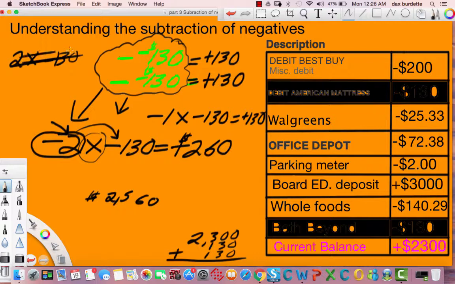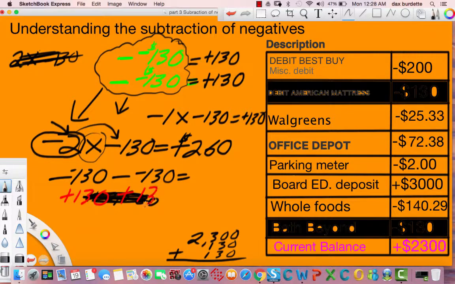But that's not what's happening. The multiplier in this case is telling us to subtract 2 of these. So we minus 1 of these, and then we minus another 1 of these, which in each case gives us back 130, plus another 130, which is 260. So that is why a quote unquote negative times a negative is a positive, you all.